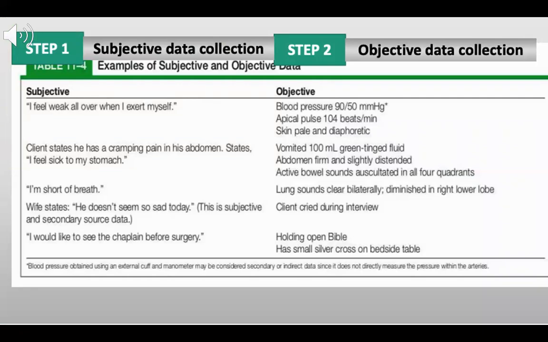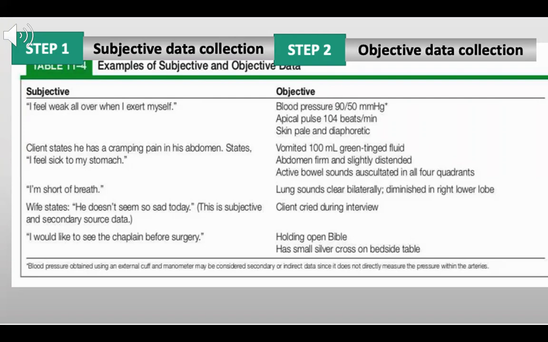So again, in doing assessment, it is very important to take note of the verbal cues of the client, as they imply the felt need. These subjective cues are actually what we call the symptoms. These subjective data can be elicited during conversation of the nurse with the client and their significant others through methods of interview, as we have mentioned a while ago.